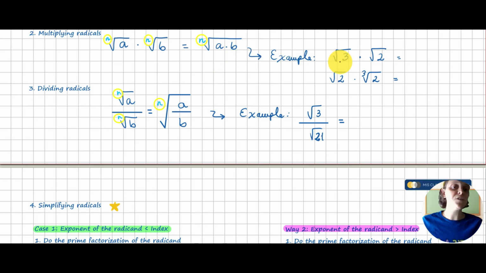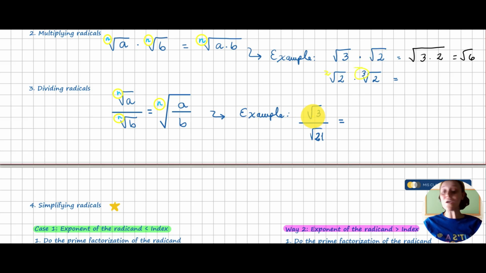So see here in the example, we have a square root of 3 times a square root of 2. So we have a square root and they are multiplying. So this will become 3 times 2. And this is square root of 6. And see here, guys, that we don't have the same index. This time I didn't fall into my own trap. Here we have a square root, and here we have a 3.